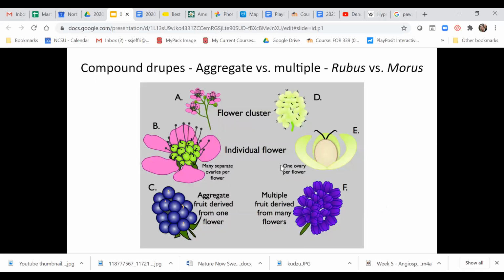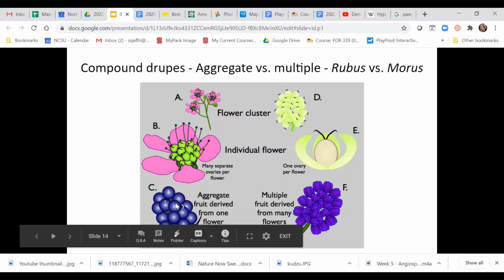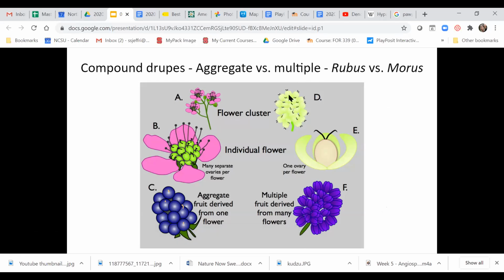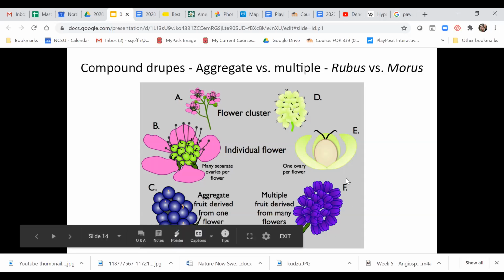And here it is pictorially. Looking at the flower clusters, comparing an aggregate on the left side, which develops into a blackberry, versus Morus, which develops from multiple flowers that are clustered together, one ovary per flower. Just one carpel, but they're clustered together because all those flowers are clustered.